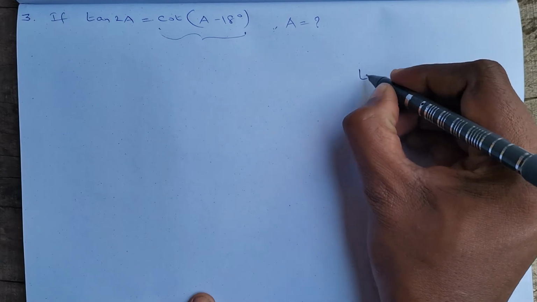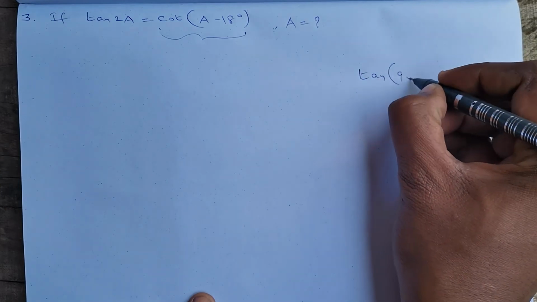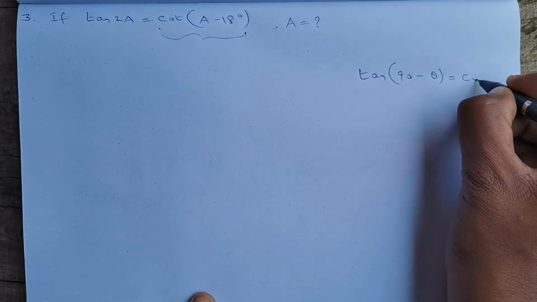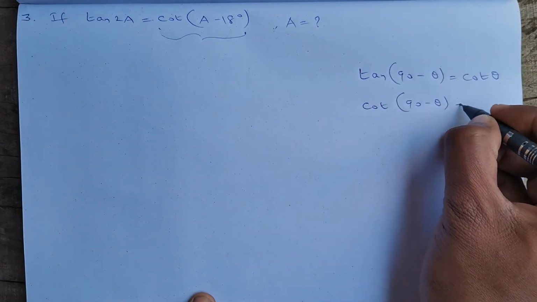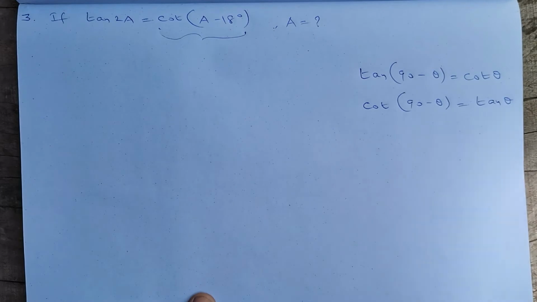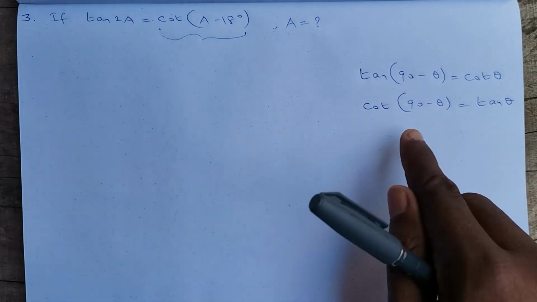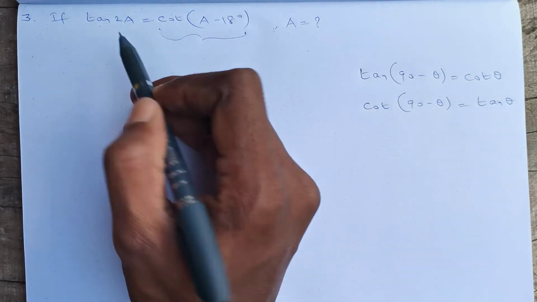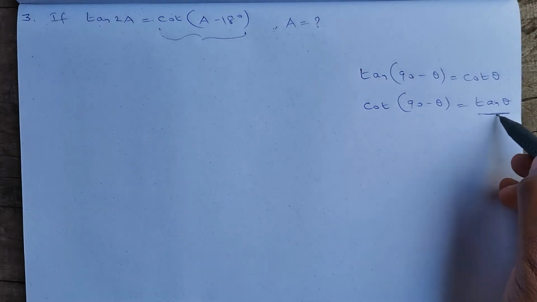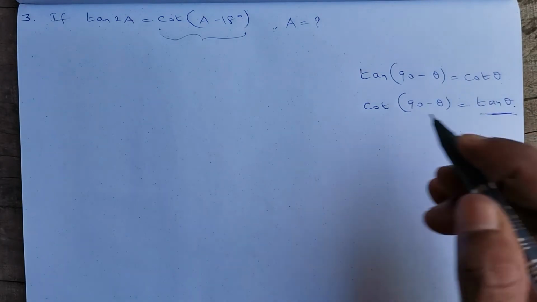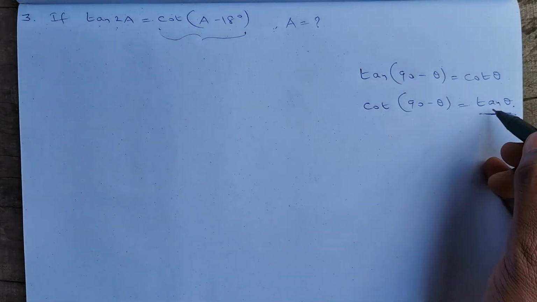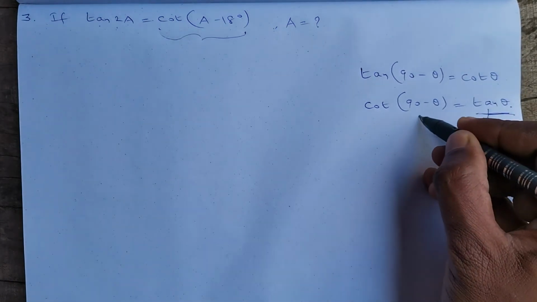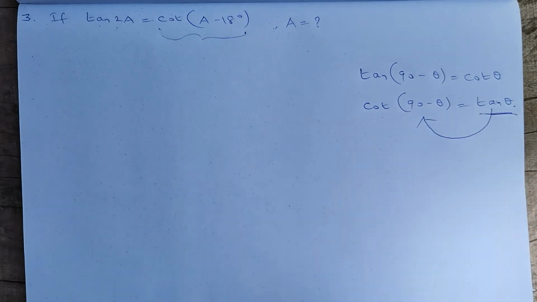So we know one formula already. Tan of (90 minus theta) is equal to cot theta. Cot of (90 minus theta) is equal to tan theta. Now here tan 2A is there, which is in the form of tan theta, where theta represents 2A. I am trying to change it like this, cot of (90 minus theta).